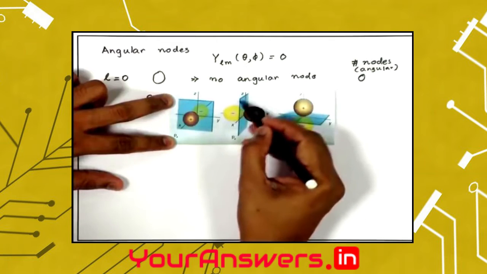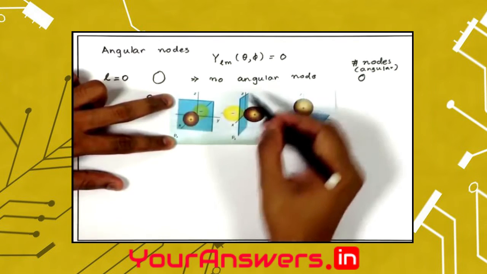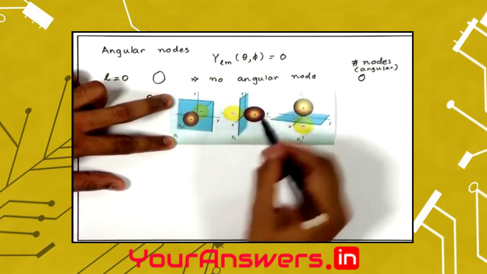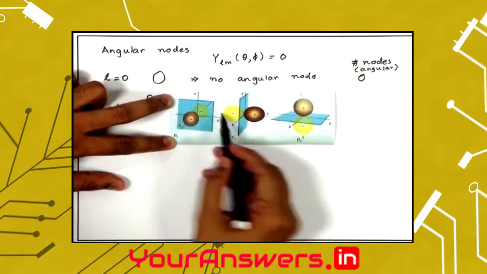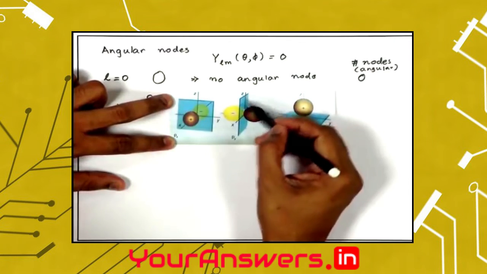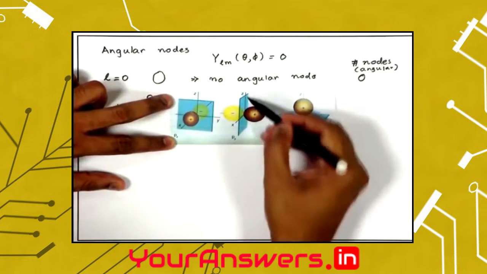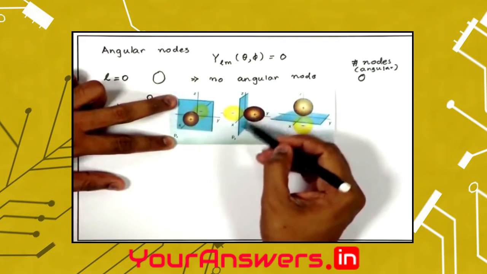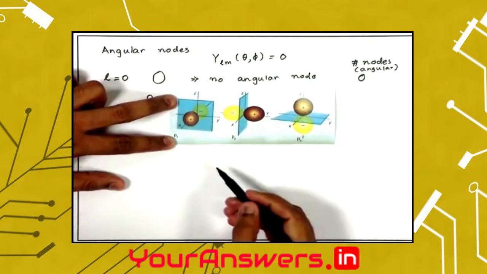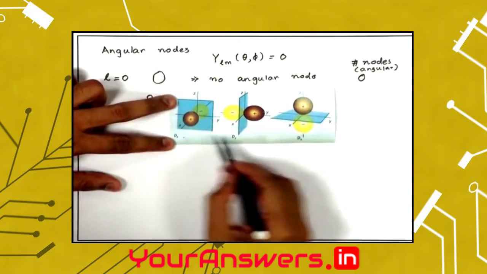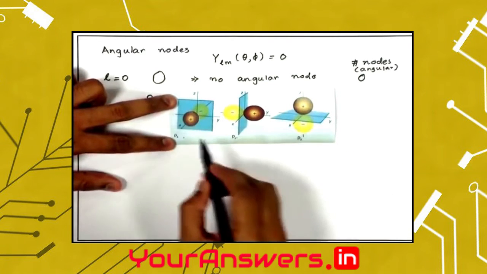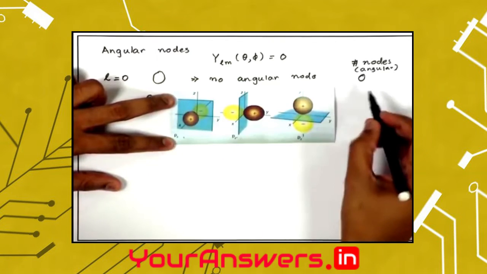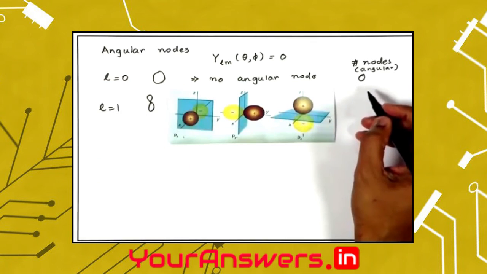So, on this plane that is highlighted here, you have no chance of finding the electron. The electron can either be on this side or this side, but not along this plane. So, this is called a nodal plane. This plane is coming because the orbital has a particular shape. With p x, p y, p z, they all have one nodal plane each, and that is because the angular component is 0.